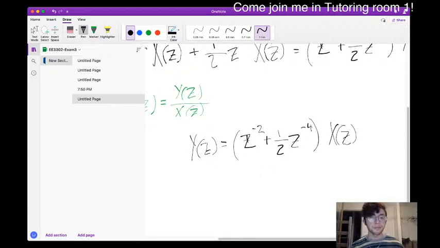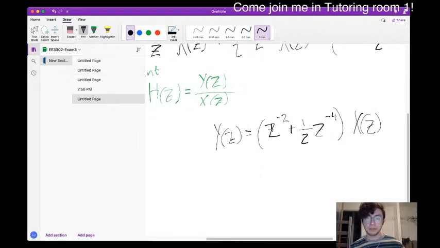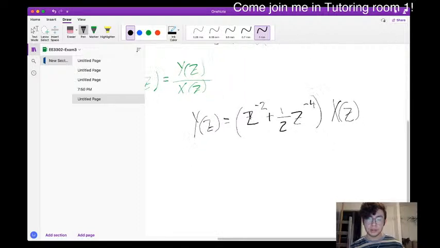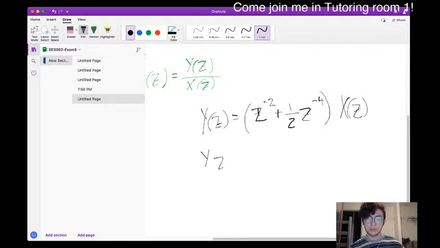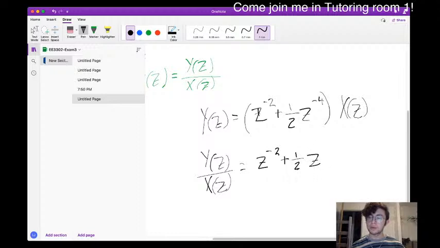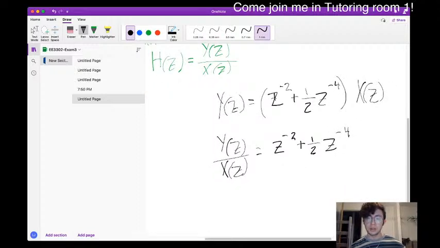And now if we divide by X(z) on both sides, we get Y(z) over X(z) is equal to z^-2 plus 1/2 z^-4. Okay, so great. And remember that this is our definition of H, our output over our input. So that's our system that we can get from our z domain.